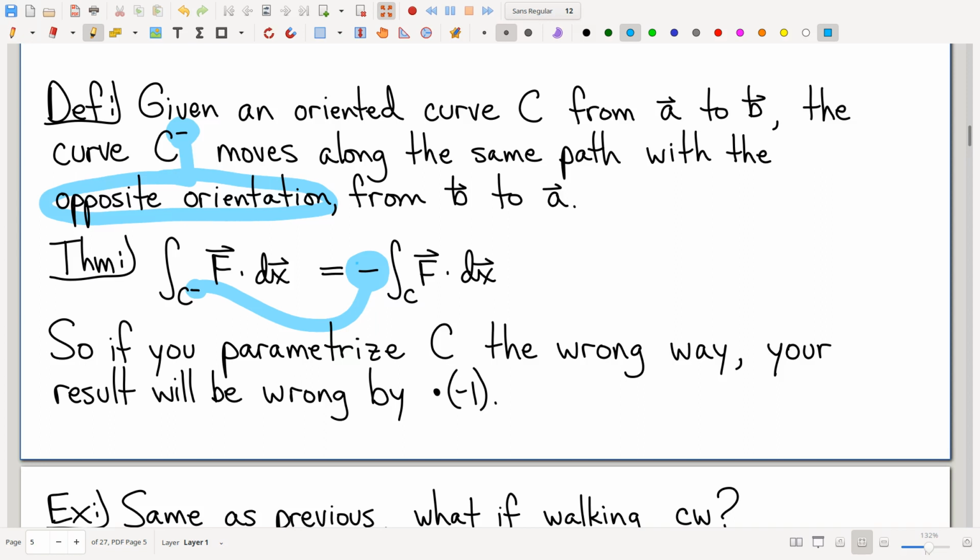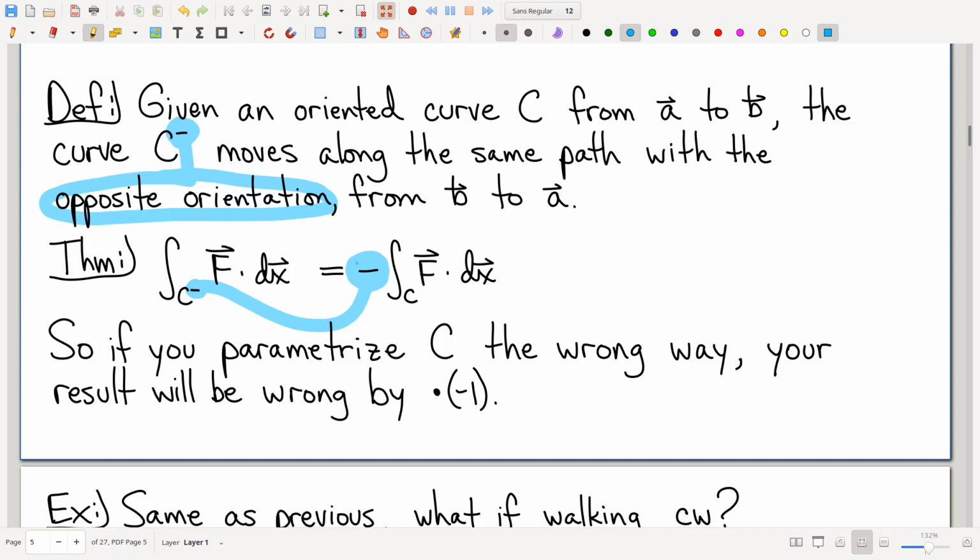That makes sense to everybody? So, you know, most of the time you want to try to parameterize the correct direction. But if you oops it and you parameterize the wrong way, no sweat. You can fix it with a minus sign.